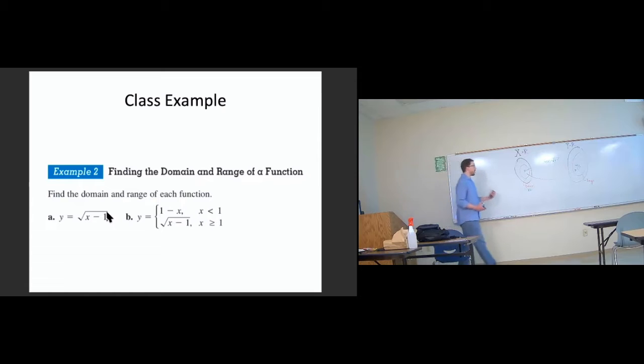So our range is going to have to be anything 0 or bigger, right? That's going to be true no matter what you put through it, up to a point. So the range is going to be y values greater than or equal to 0. Does this make sense? Everybody cool with this?